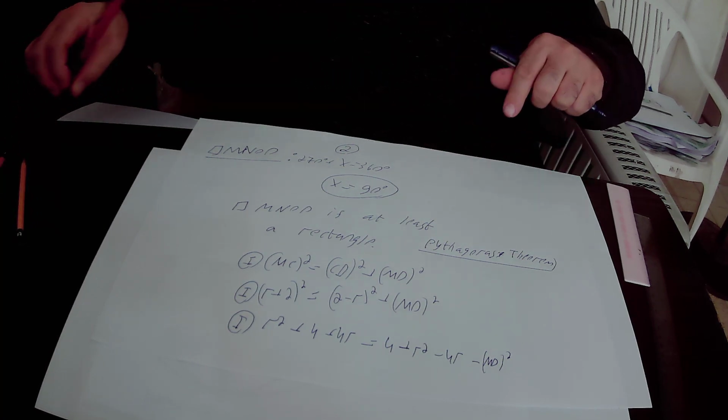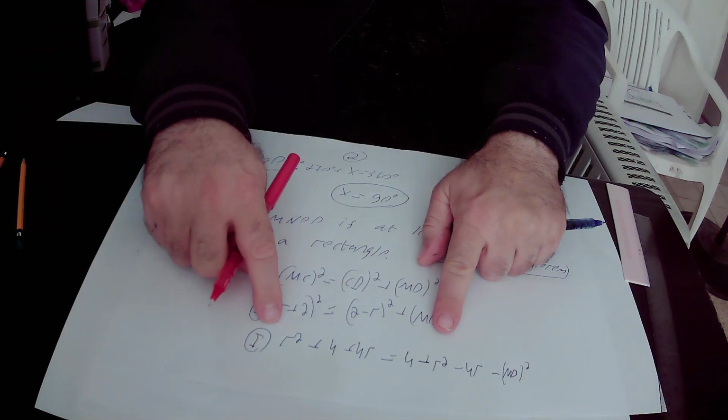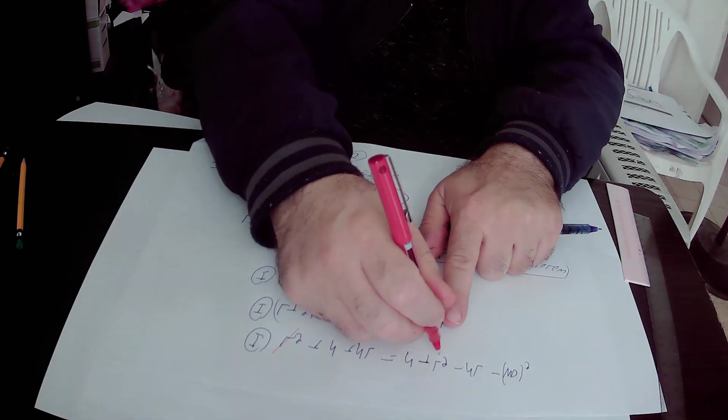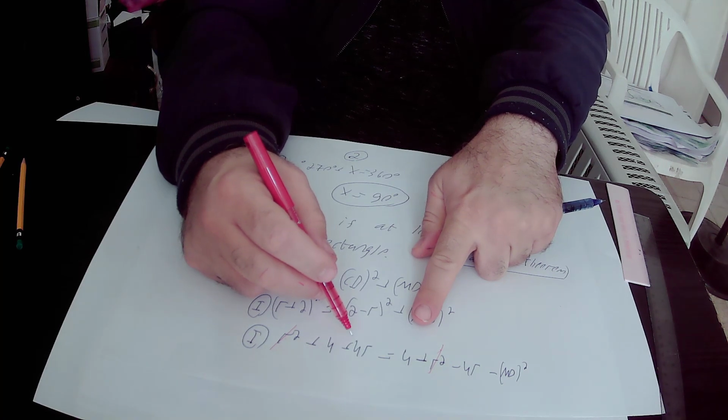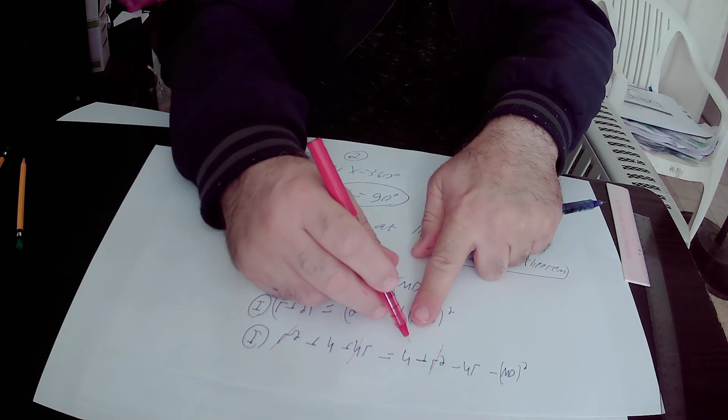So here we have R square on both sides of the equation, so R square will get cancelled, and we have 4 on both sides of the equation, so 4 will also be cancelled.